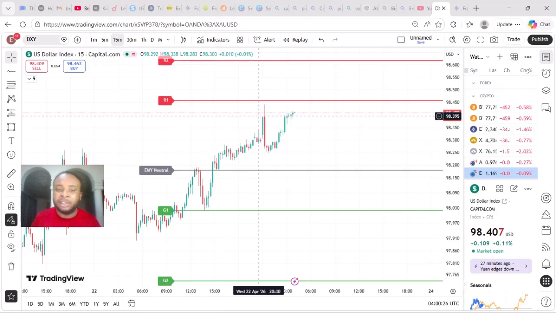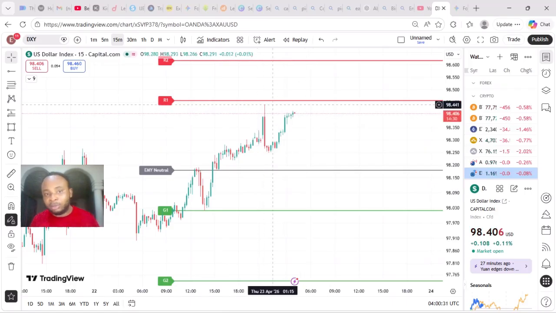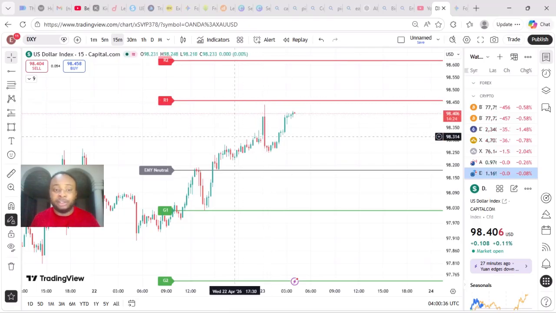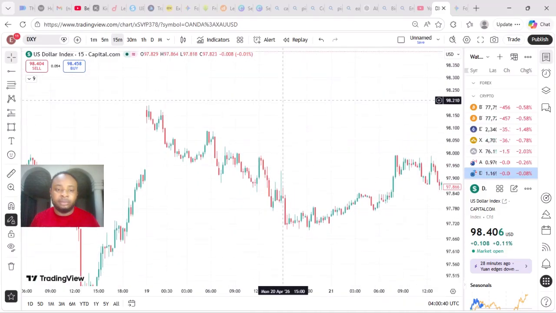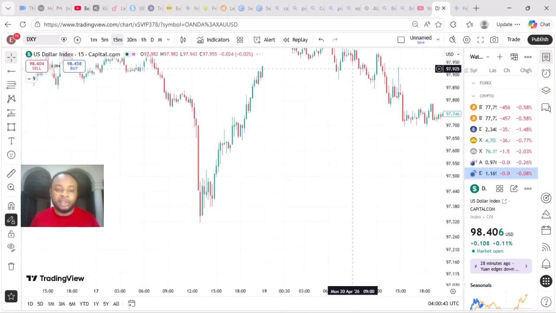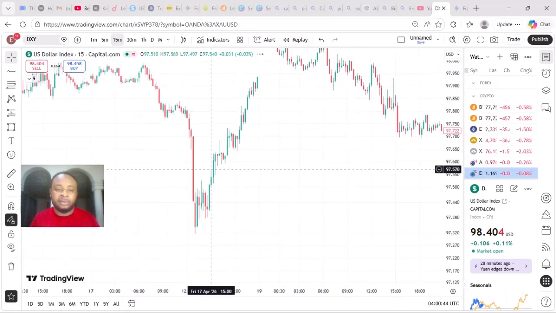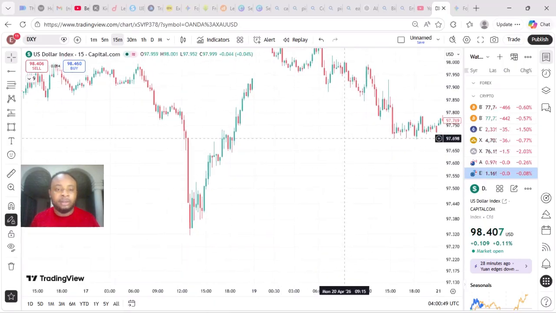So you can see it. Each sell now is reacting because of this level from year to year. It's like an order block for sell.